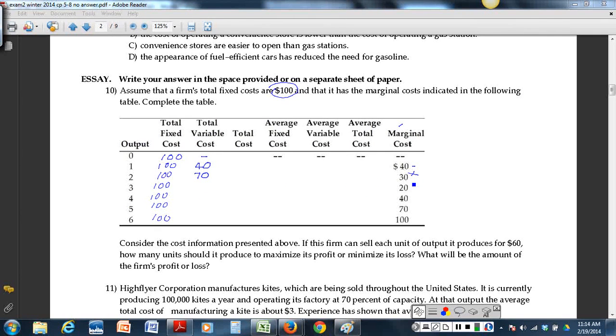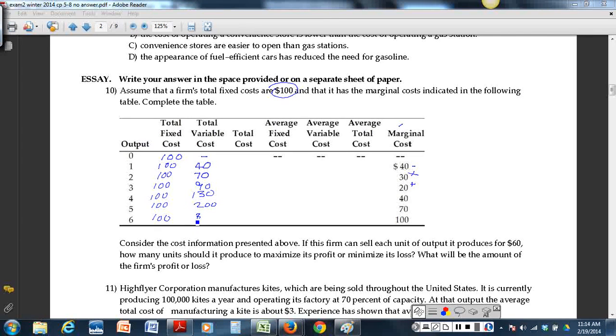Then I got 30 plus another 20. So my total variable cost when I produce 3 units would be $90. Then another 40, so that would be 130. Then another 70, so that should be 200. Then another $100 for the last piece.